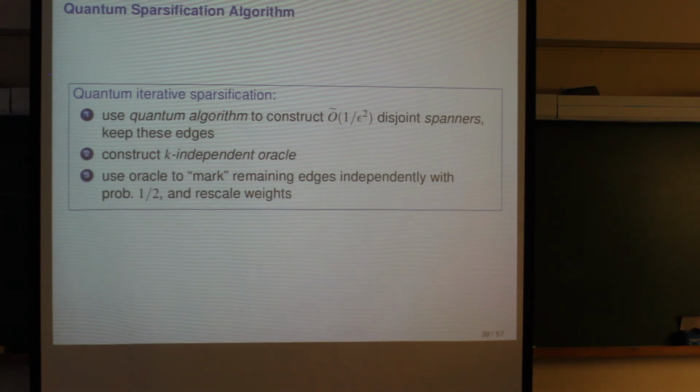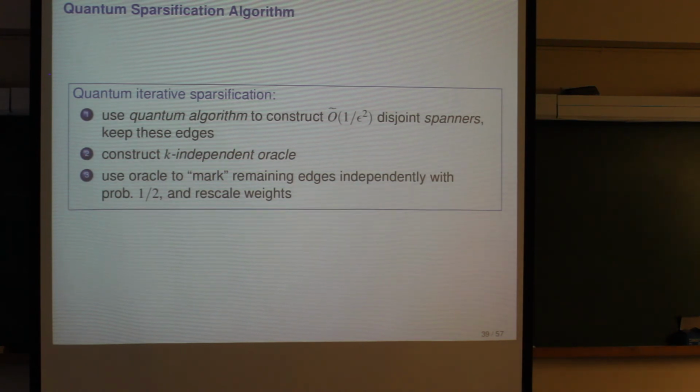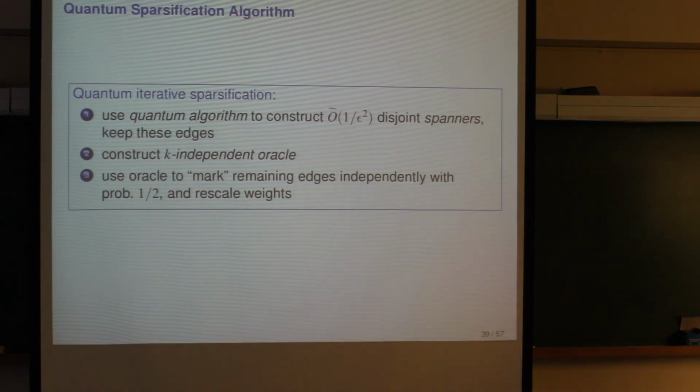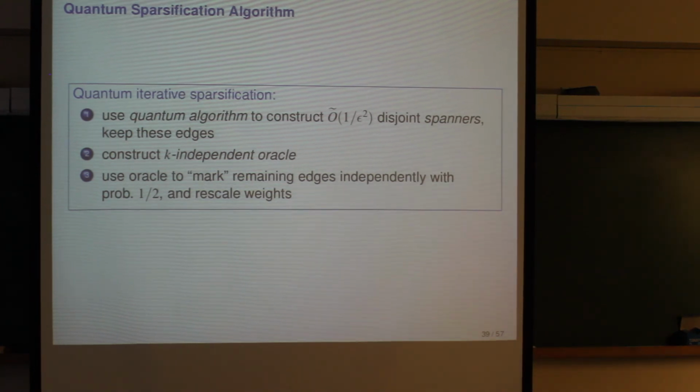So this brings us to the updated quantum iterative sparsification algorithm. To summarize, we use a quantum algorithm to construct these disjoint spanners that identify the important edges. Then we construct this k-independent oracle, which allows us to simulate queries to a k-wise independent string.